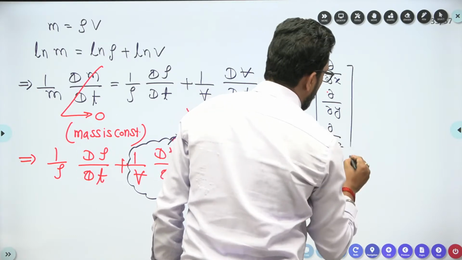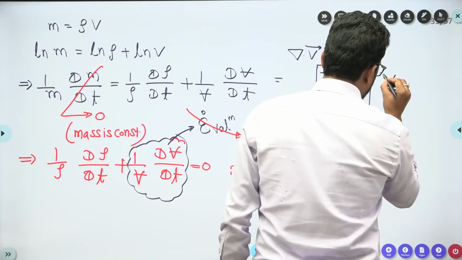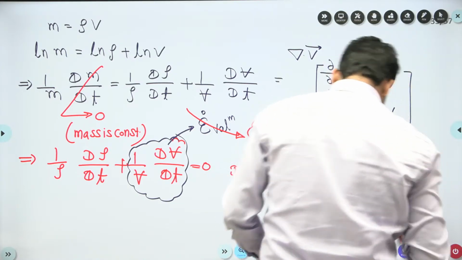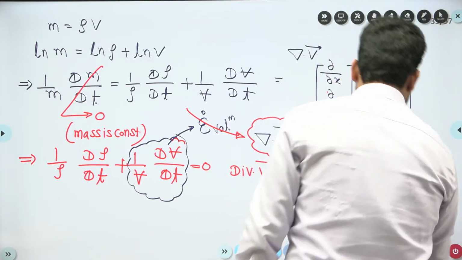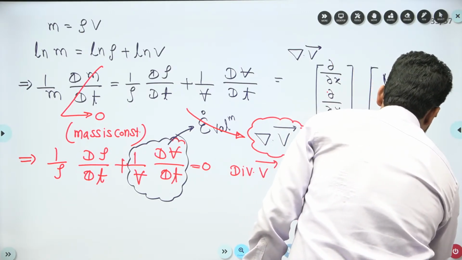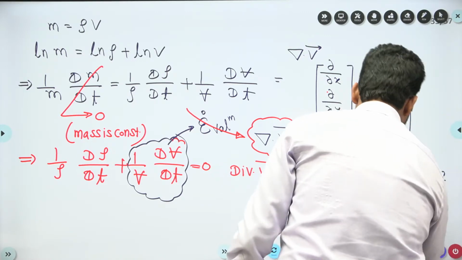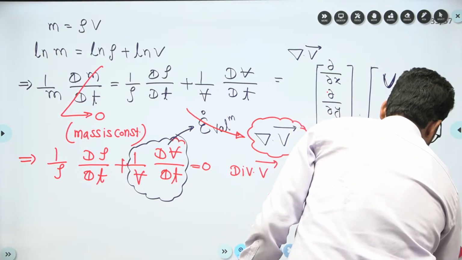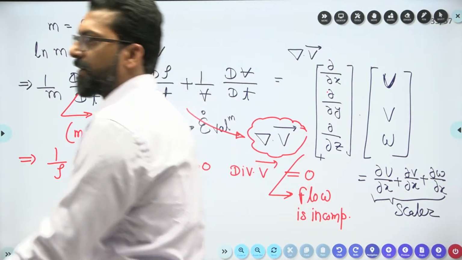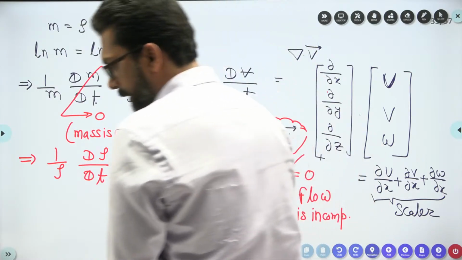This is your del dot v vector, with components u, v and omega. If you calculate it, you get dou u by dou x, dou v by dou y, dou omega by dou z, and this is a scalar. If this is 0, then the flow is incompressible. Right? Okay, no problem.